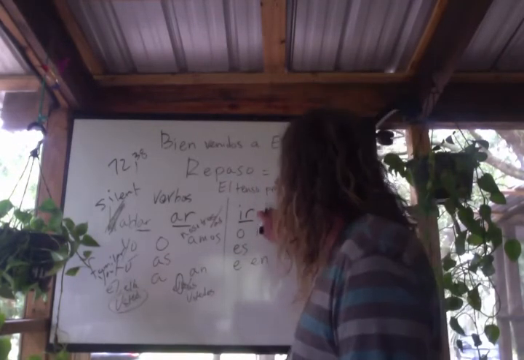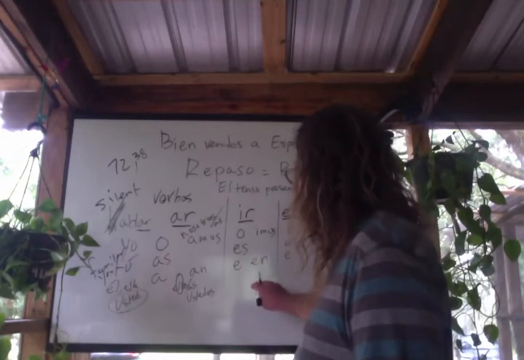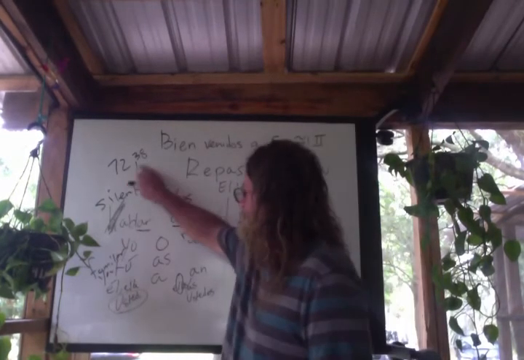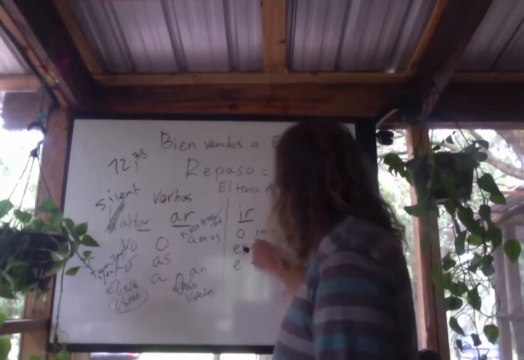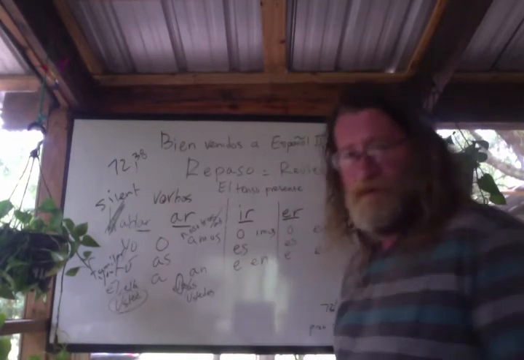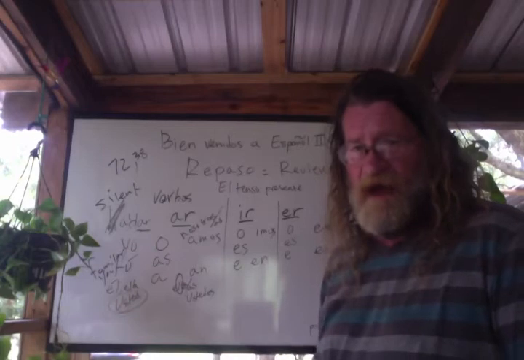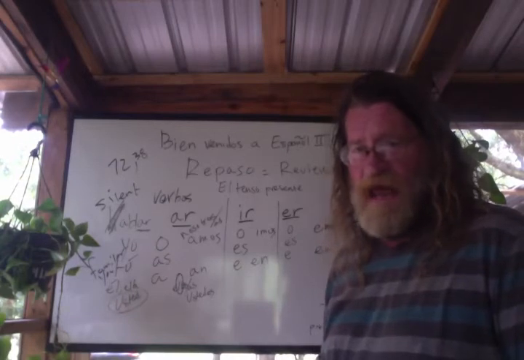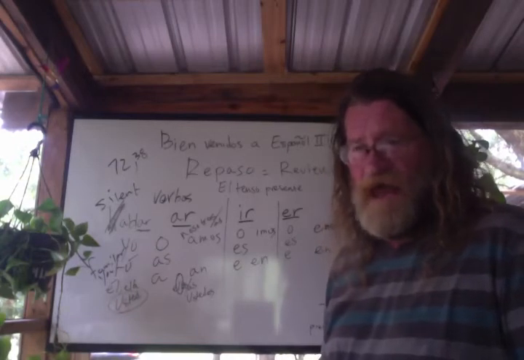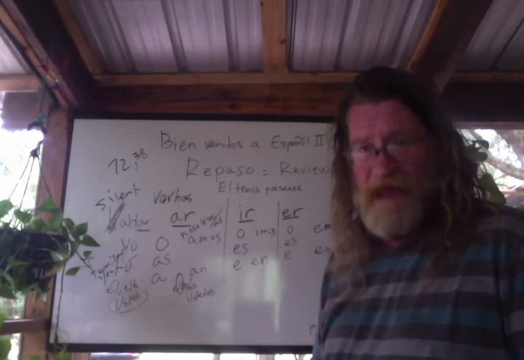Alright, so for IR verbs, and like I say, find this on page 72 and page 38. IR verbs, say it with me and repeat it: o, -as, -a, -imos, -en.